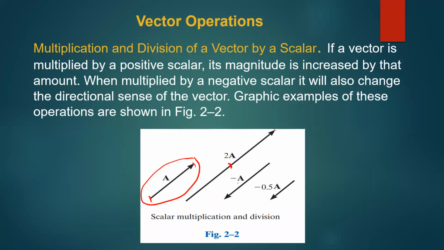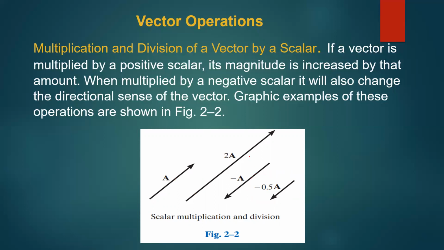Whenever we add a negative in front of this, we're simply saying that the direction of the vector has changed. If it was going in this direction, it will start going in this other direction. If we say half of A, it means that we're dividing this same vector by 2, and this is the result.